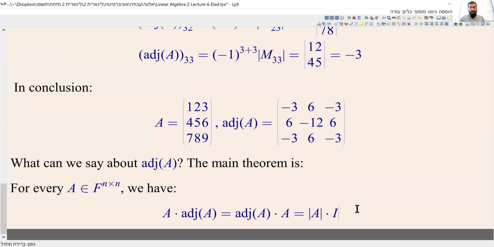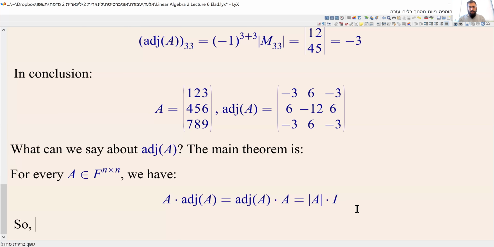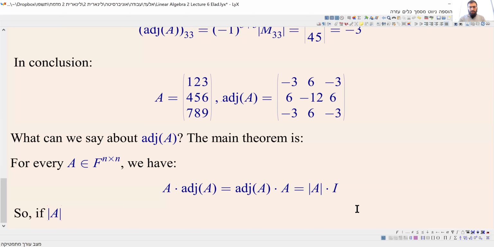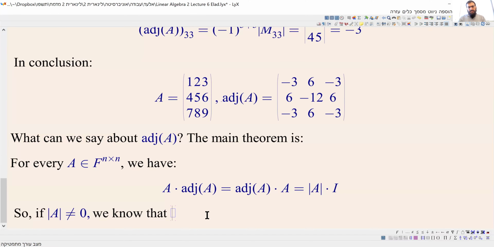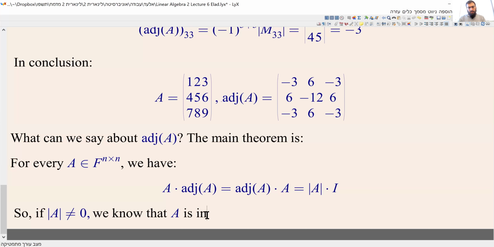So specifically, if the determinant of A is not 0, we know that A is invertible. We talked about it in the first lecture.